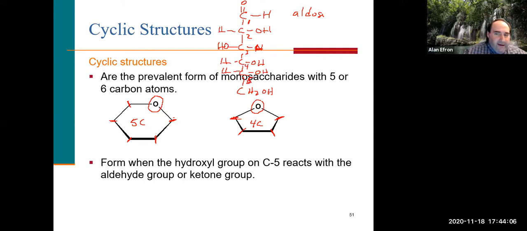But essentially what will happen is a lot of times carbon number 5, which is right around here, will actually go up and connect with carbon number 1. And in this case, it's actually going to connect where the carbon-oxygen double bond is located. So in the case of an aldose, it is carbon number 1. And when you do that, you get basically this ring formed when that guy closes up on each other.